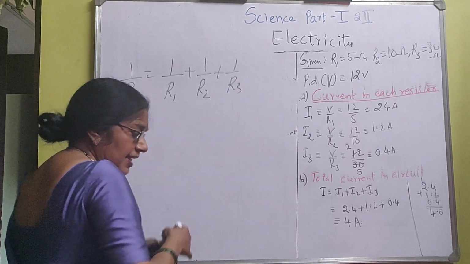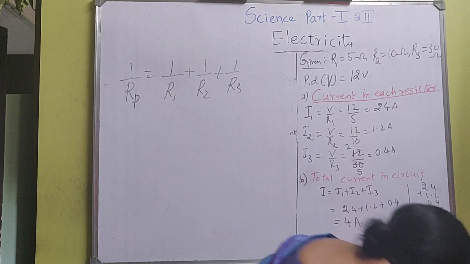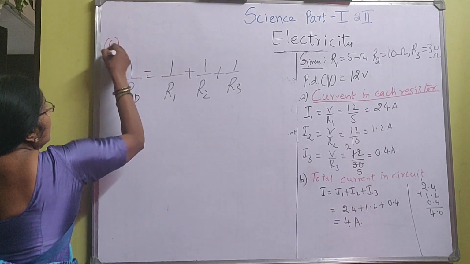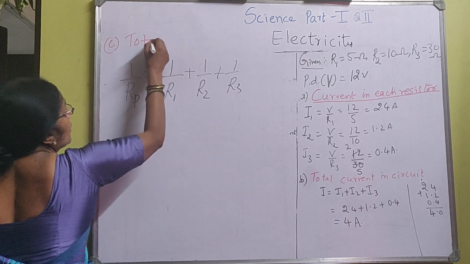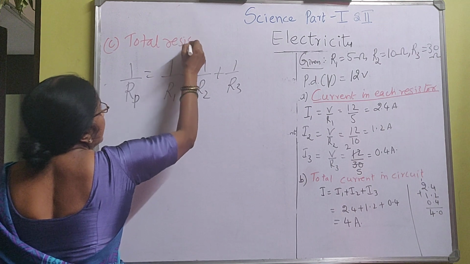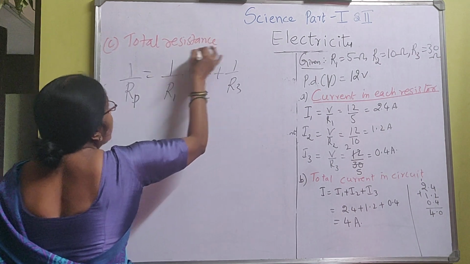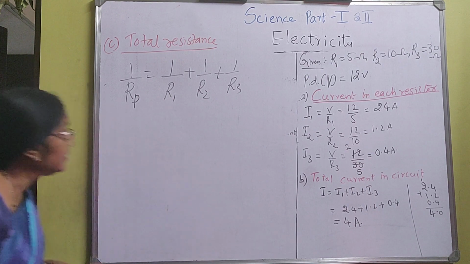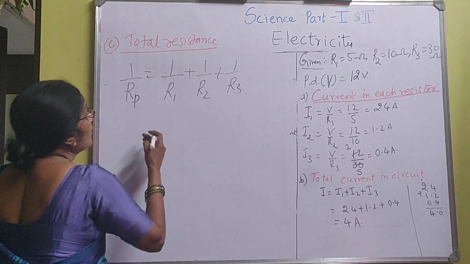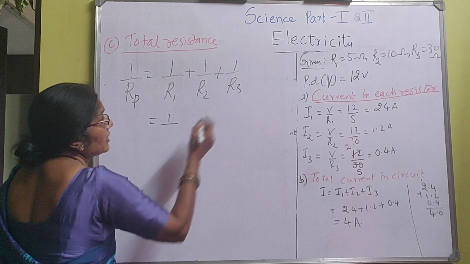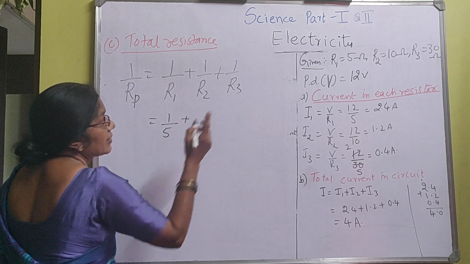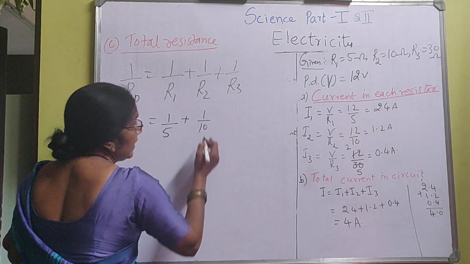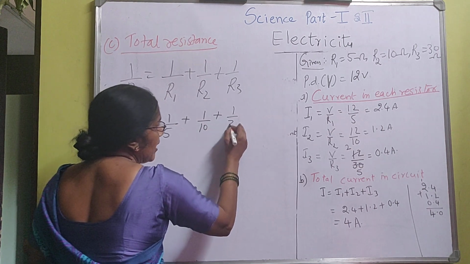This is what we will use to find the C part, the total resistance in the circuit. Let us substitute the values: 1 by 5 plus 1 by 10 plus 1 by 30.